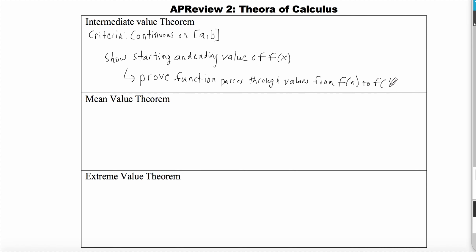All right. We have f of a, and we know the function's continuous. We know that's a. We know over here we have b. And if this function's continuous, it's going to pass through every value from f of a to f of b at least once. Okay?